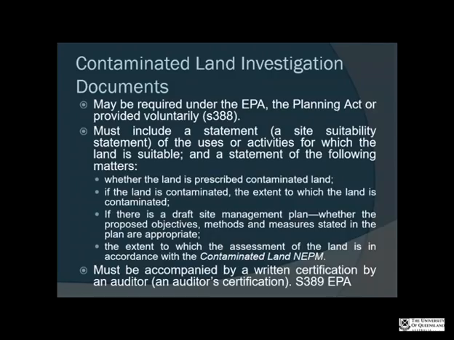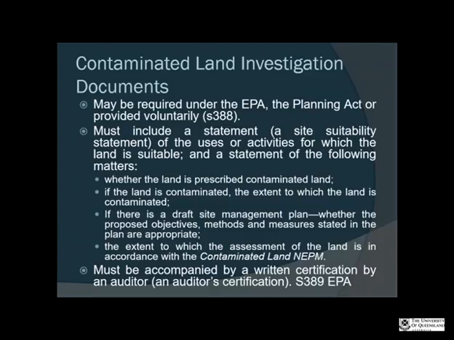So what it does is it's based on an investigation of the land, so an audit. And it says, is the land contaminated? If it's contaminated, what is the extent of that contamination? Is there a site management plan in place for the site? And what uses or activities are suitable for the site given that investigation?